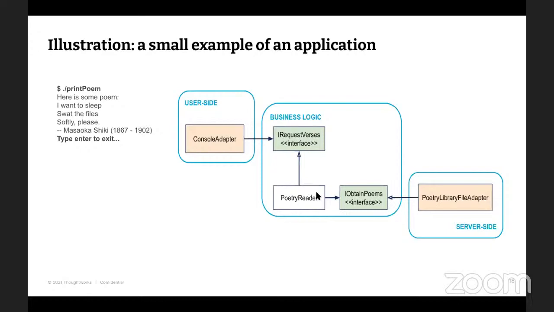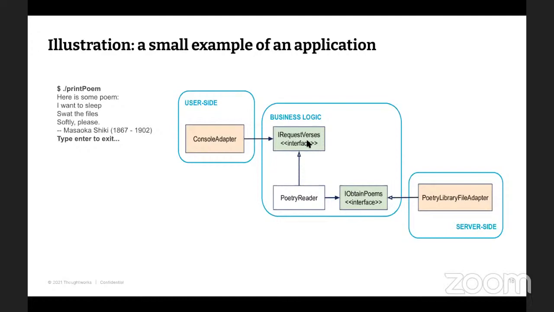That is achieved by using the poetry reader. What this poetry reader does is it will have an object of type interface, that is IObtainPoems. This is again an interface. So you can see there is an interface at both corners, the left side and the right side.